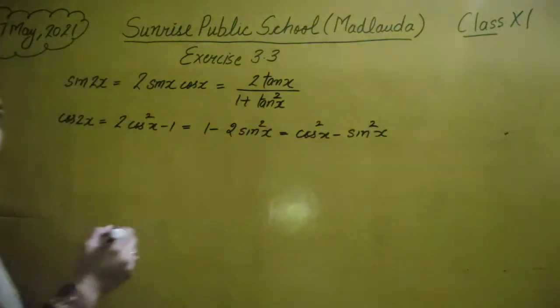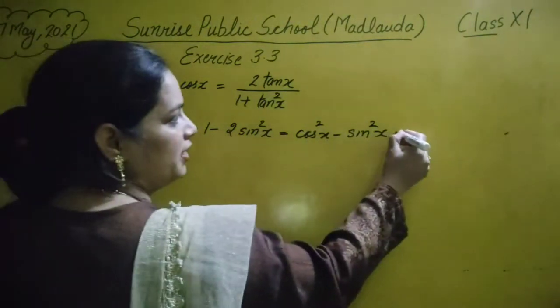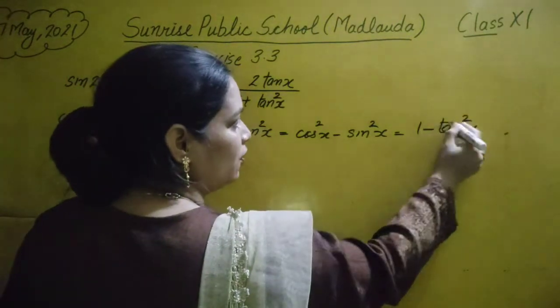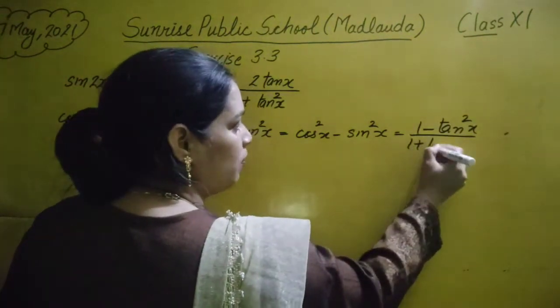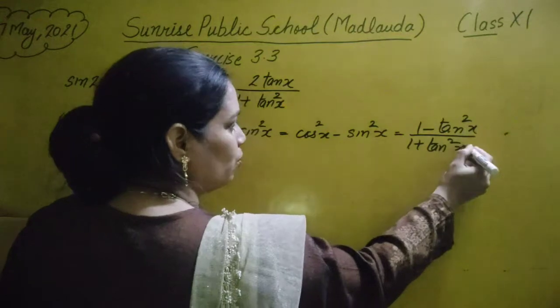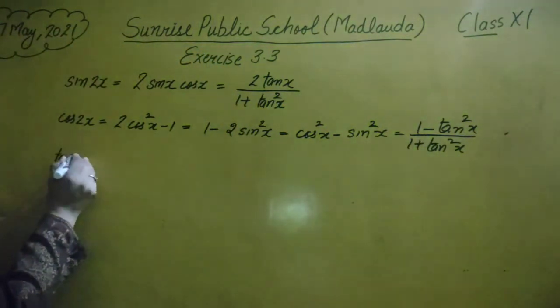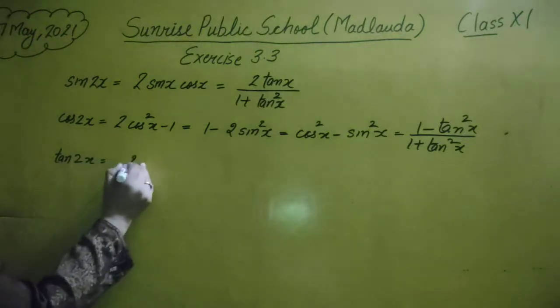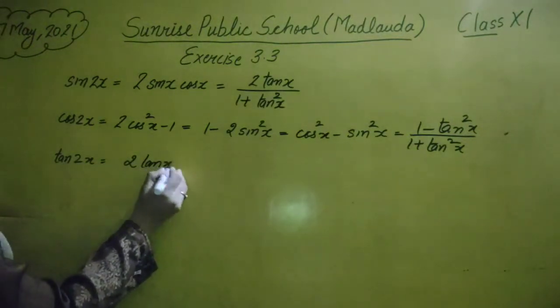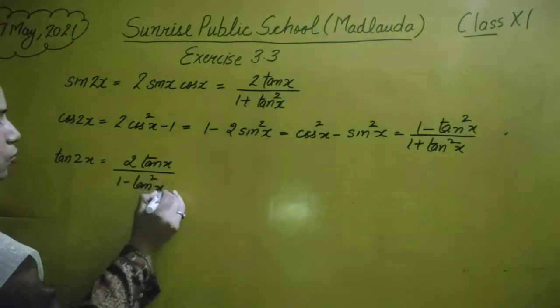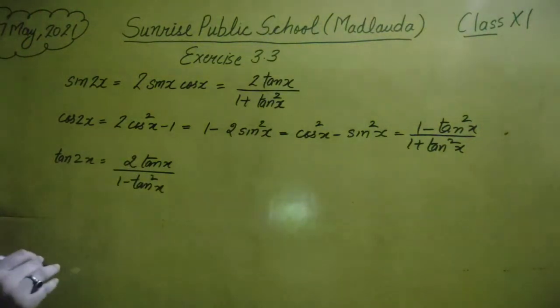And in terms of tangent, we can write it as 1 minus tan square x divided by 1 plus tan square x. Now, the identity of tan 2x will be 2 tan x divided by 1 minus tan square x. You have to learn this identity.